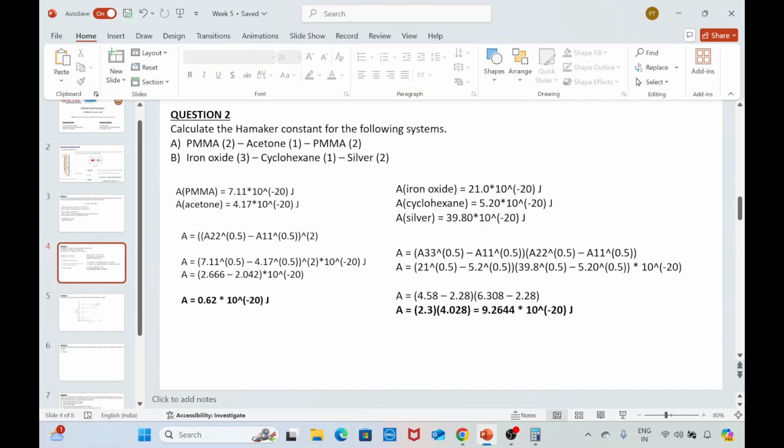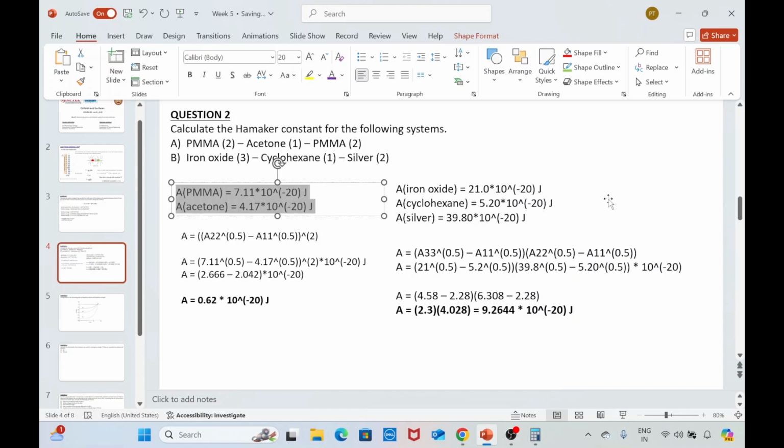If you see these five values, that is for PMMA, acetone, iron oxide, cyclohexane, and silver, you can state that the Hamaker's constant for systems like silver and iron oxides is greater compared to what you see for polymers or solvents like acetone or cyclohexane.